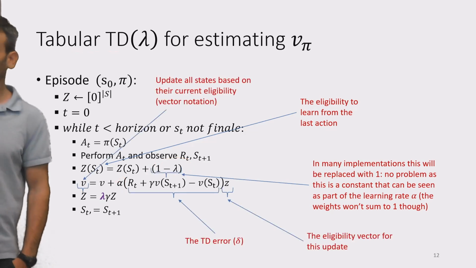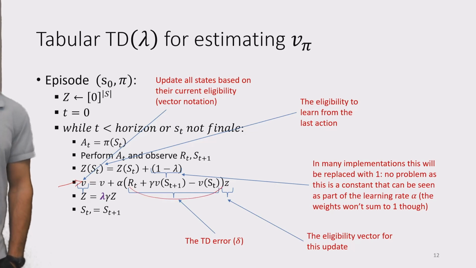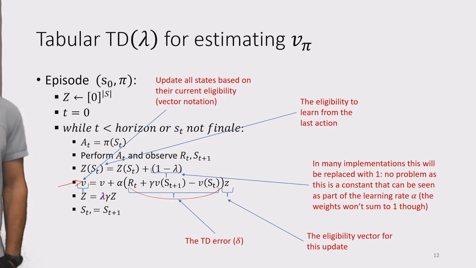Okay, next we update all states based on their current eligibility, right? And this is done in vector notation. So V is the state values for all of the states. And we do this based on the current TD error multiplied by the eligibility vector for the current update.